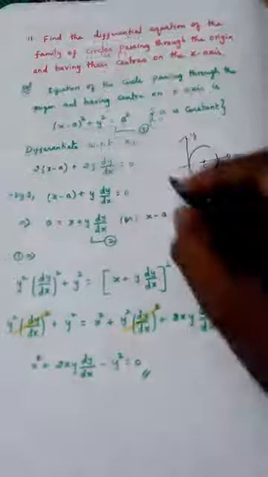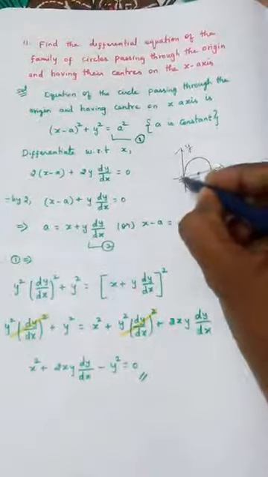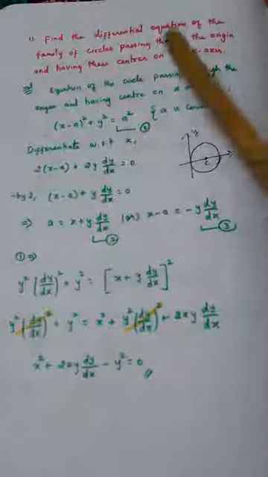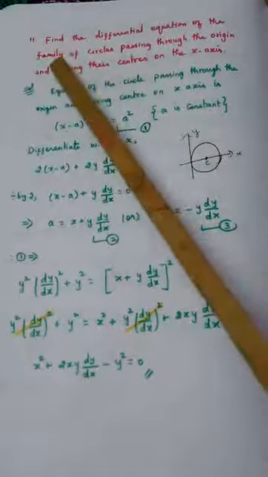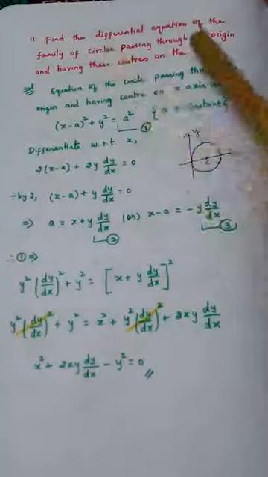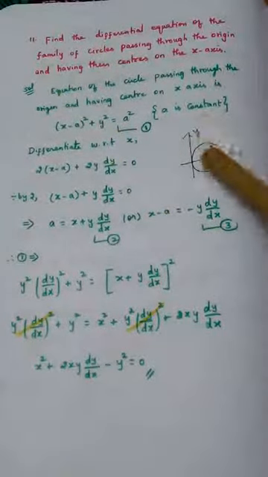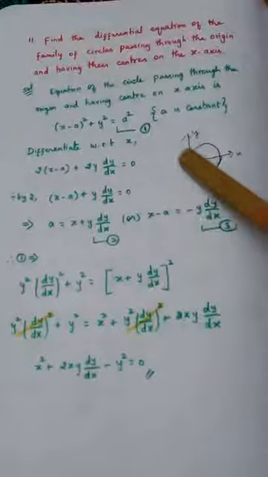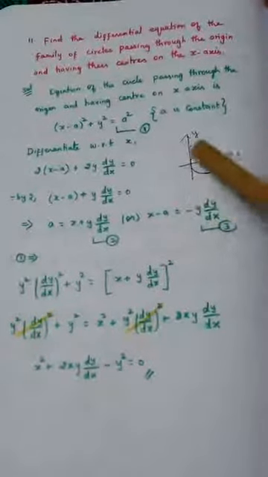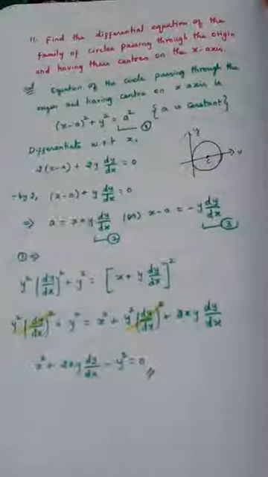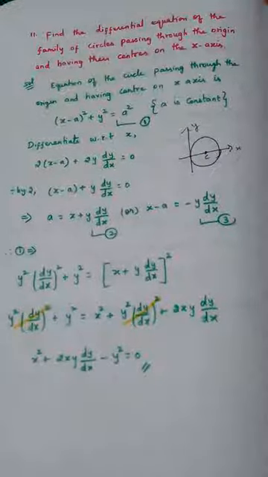I can even draw smaller circles than this. So we need to find the differential equation of the family of circles that pass through the origin and have their centers on the x-axis. Circles will be of this model. We need to frame the differential equation for this family of circles. Hope you understand the question.